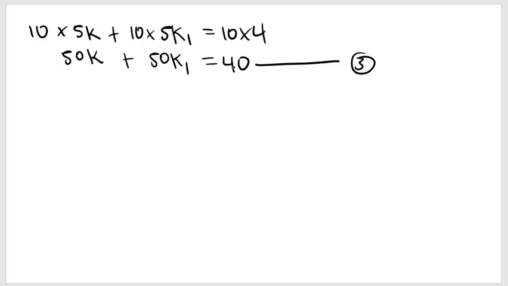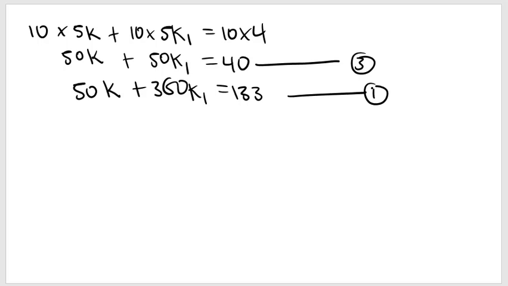So in this case, I'm going to use equation 1 and equation 3, because equation 3 was derived from equation 2. My equation 1 was 50k plus 360k1 being equal to 133.